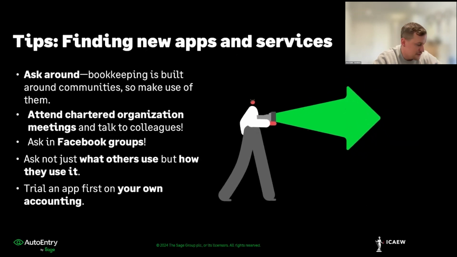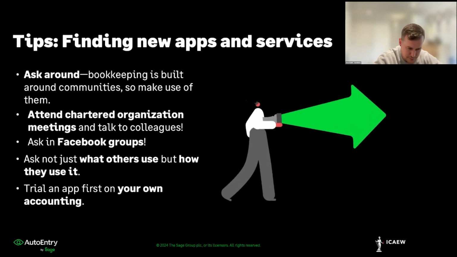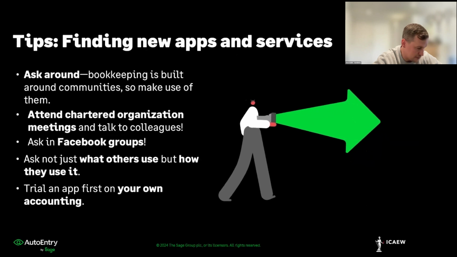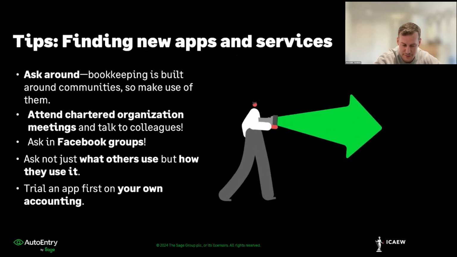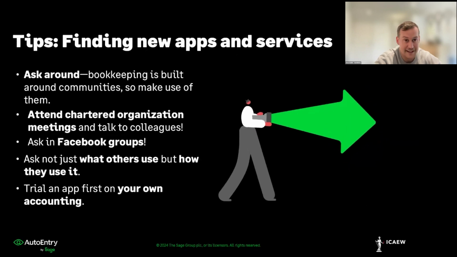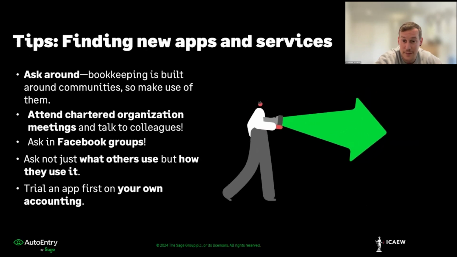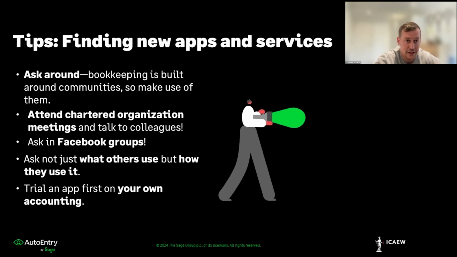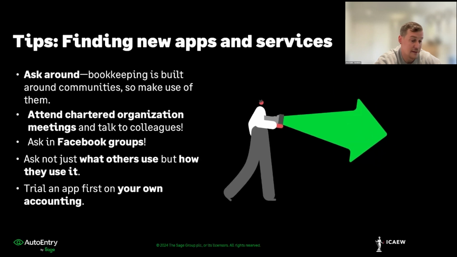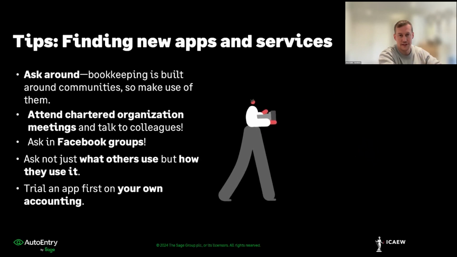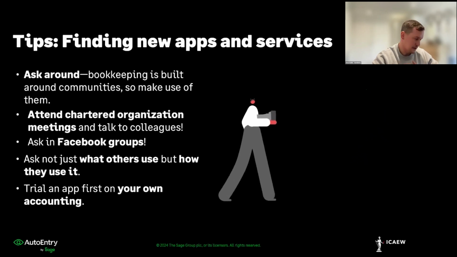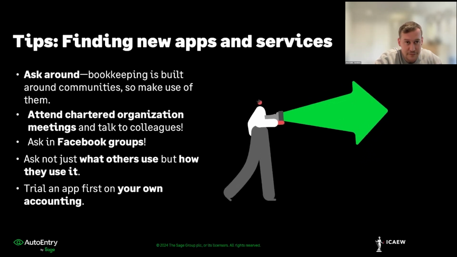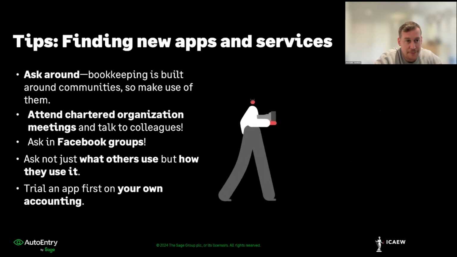So different communities, forums, Trustpilot, comparison websites, peers, friends, customers, clients, anyone, just speak to as many people as you can about the problem that you're having, and if they have the same problem and how they maybe solved it, what apps they used, that kind of idea. So just asking around as much as you can.